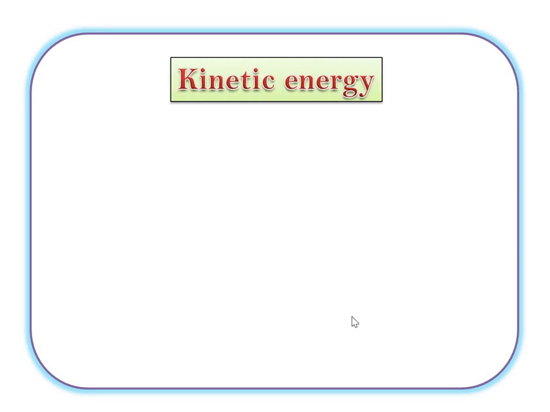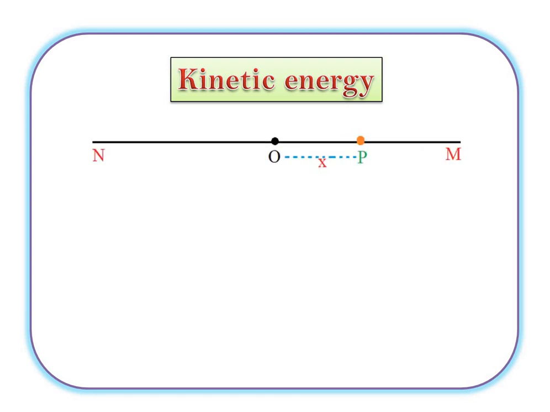So the first point of this energy of a particle is the kinetic energy. Let's see the diagram first. Consider a particle of mass m performing linear simple harmonic motion along the path MN about its mean position O. Particle P is at a distance x from the point O. The velocity has the formula, as we discussed in the previous lectures, v equals omega under root of a square minus x square.